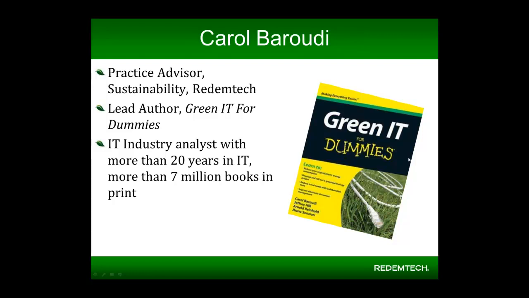Particularly Jeff Hill and Arnold Reinhold have been key in delivering the content of Green IT for Dummies. In the course of my IT career, I've been an industry analyst, which means that I've had the wonderful opportunity to see many emerging technologies come and go, and sustainability has now got my full attention.